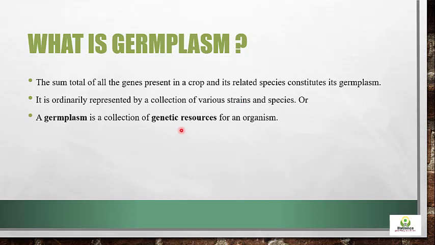A germplasm is a collection of genetic resources for an organism. In very simple terms, it is the sum total of all the genes present in the organism, and when we conserve it in one way or another, we say that we are conserving the germplasm. As you have studied in previous classes, there are some biodiversity hotspots.